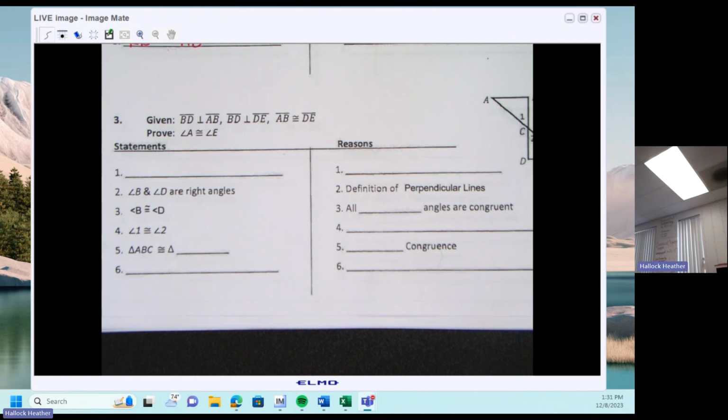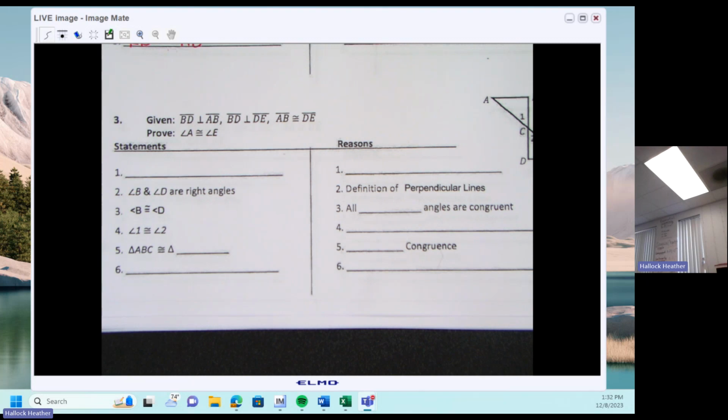This means something else. One minute, that's literally what perpendicular is. Congruent part is congruent triangle, or corresponding parts of congruent triangles are congruent.